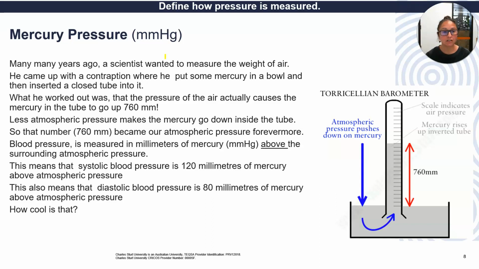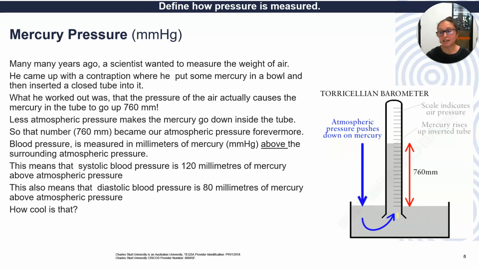So he came up with this thing, which is a barometer, which essentially is putting mercury in a bowl and then putting a tube into that bowl. If you have a look here, the grey stuff is mercury.